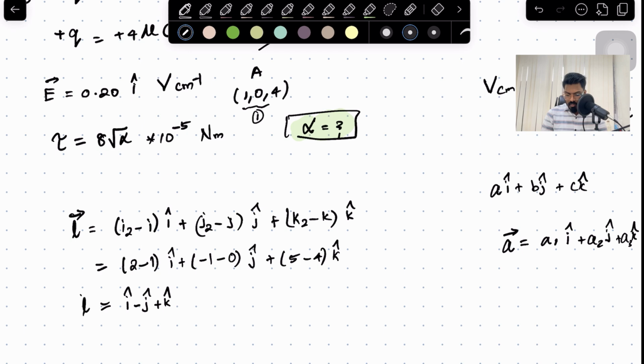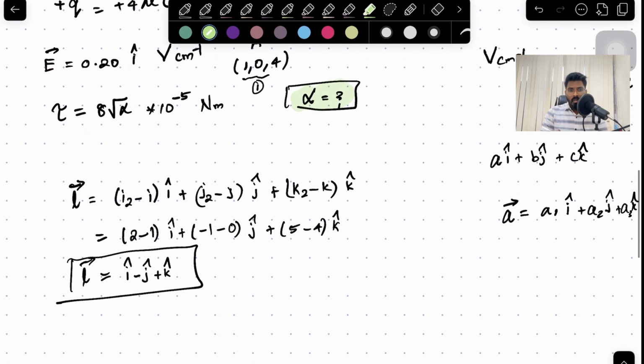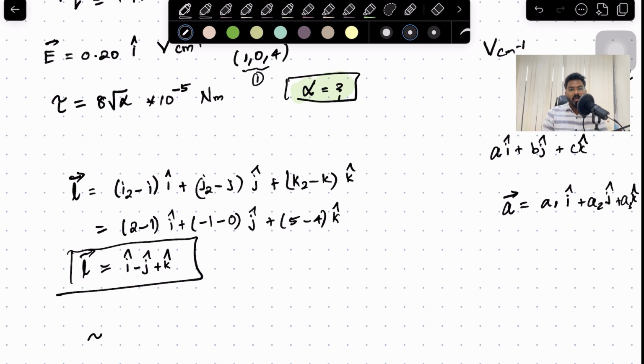This is L vector. Now what is this L vector? This L vector is giving me the direction as well as the magnitude of the line that is connecting the 2 charges of the dipole. Now let's go back to the calculation of torque.